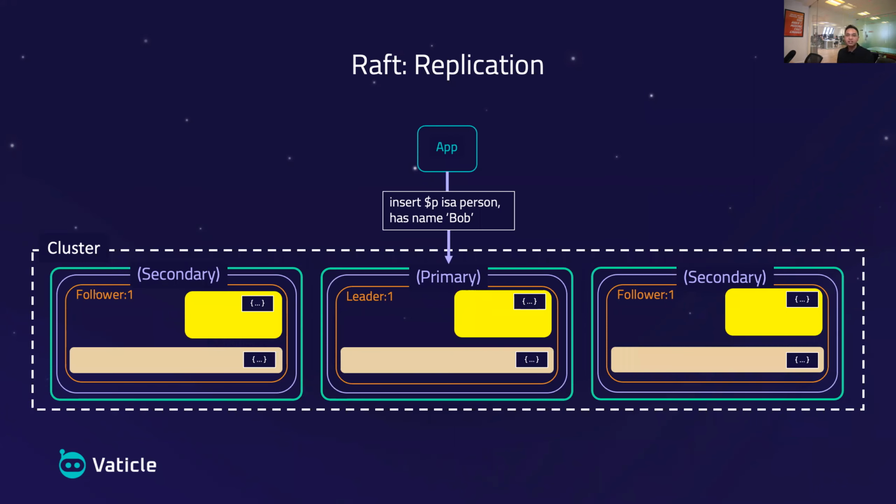So, a replicated state machine: given an identical initial state and given the same steps performed on each machine, if they're deterministic, then you will end up in the same state across all machines, across all replicas.